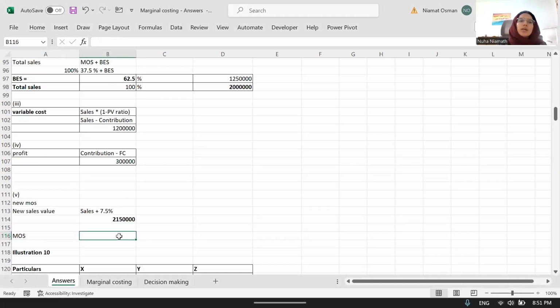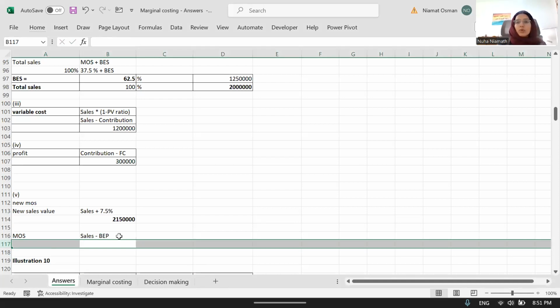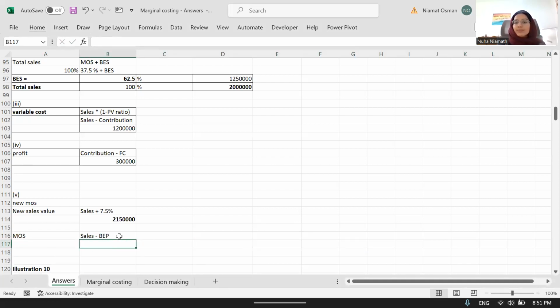So what is MOS again? What is margin of safety? Sales minus break-even point. So what is the amount here? 21.5 lakhs minus 12.5 lakhs.